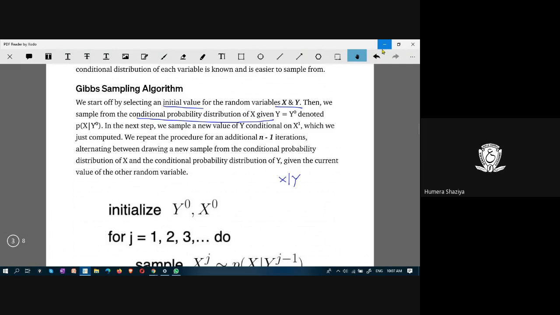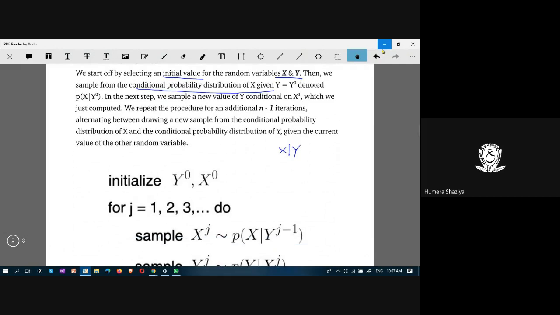In the subsequent step, a new value of y conditioned on x1 is computed, and this process is repeated for every value. For every value, you find the probability of x occurring given y, and y occurring given x.